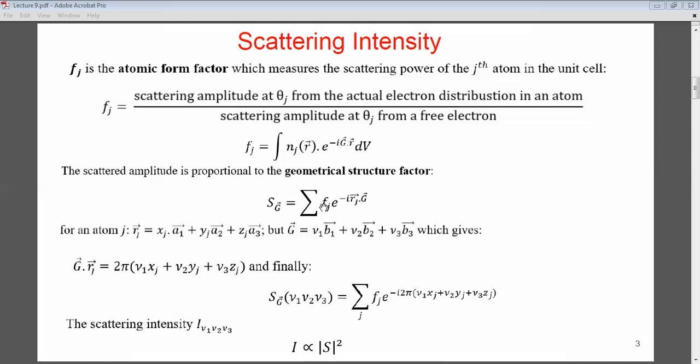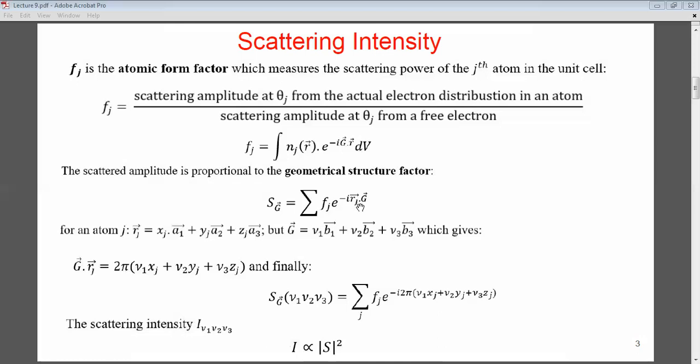The geometrical structure factor depends not only on where the atoms of a unit cell are, but also on the atomic scattering factor for the atoms. S(G) is equal to the summation, depending on how many atoms we have in the unit cell. So if there is only one atom, like in the simple cubic, this will be only one term.